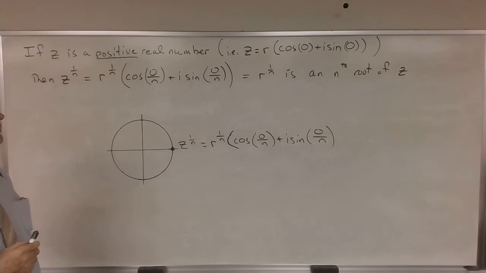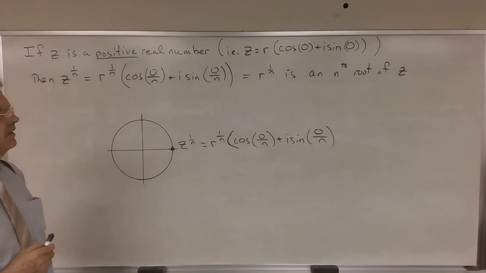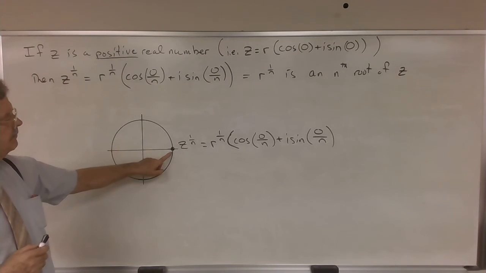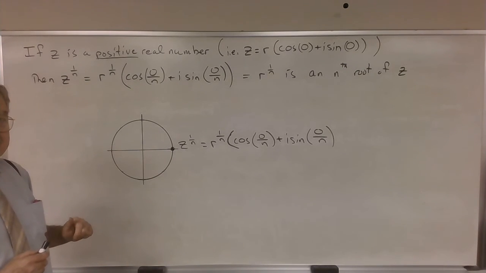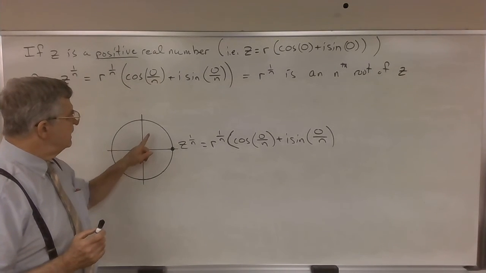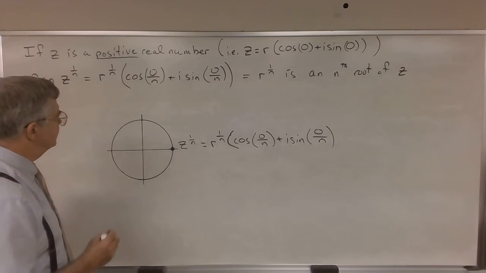And this is on the circle of radius nth root of r, where r is the modulus. Here's one of the nth roots. Well, all of the nth roots are going to be equally spaced on this circle of radius r.